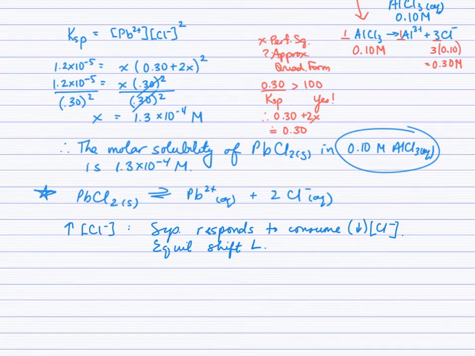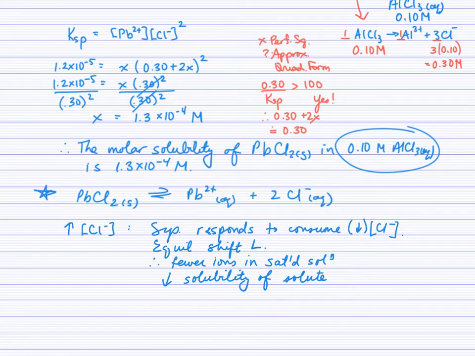And as it does so, there will be fewer ions in the saturated solution. And if you have fewer ions in the saturated solution, that then reduces the concentration of those ions. Therefore, since that's what the molar solubility is, we've reduced the molar solubility. And we would say that that has decreased the solubility of this solute.